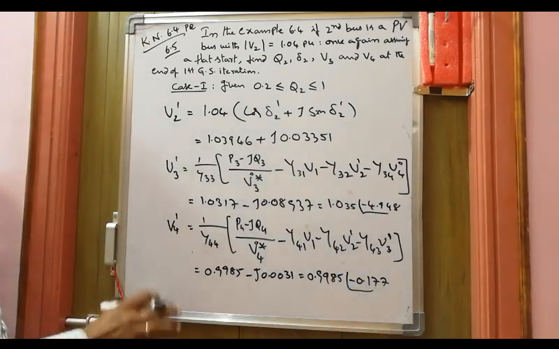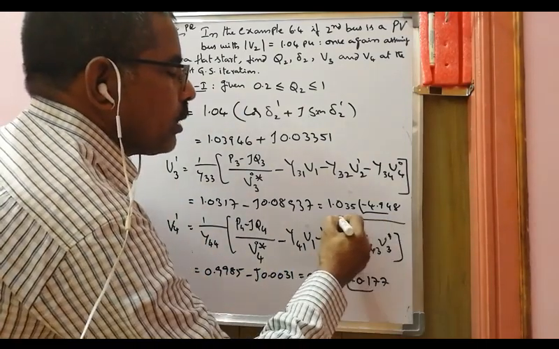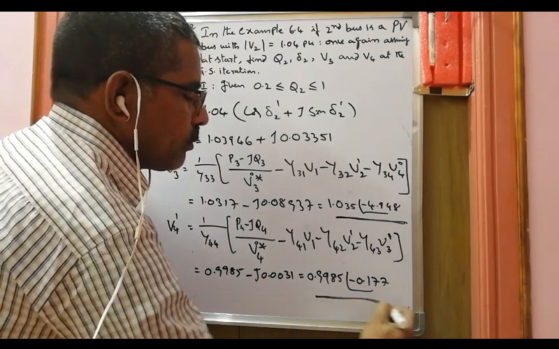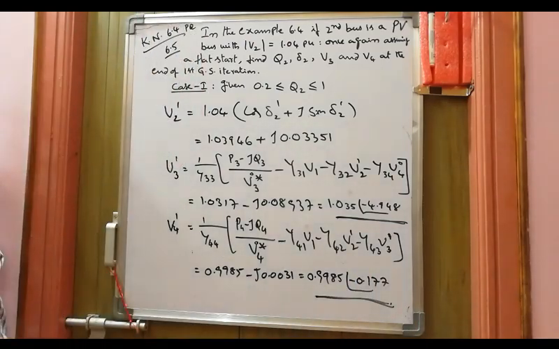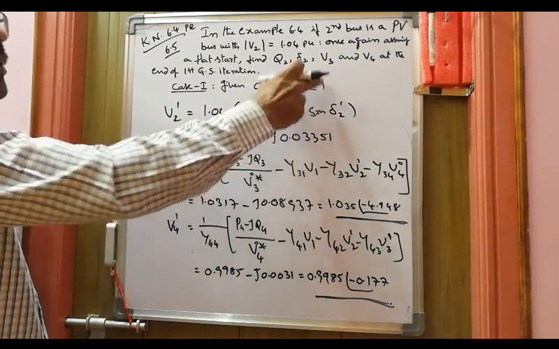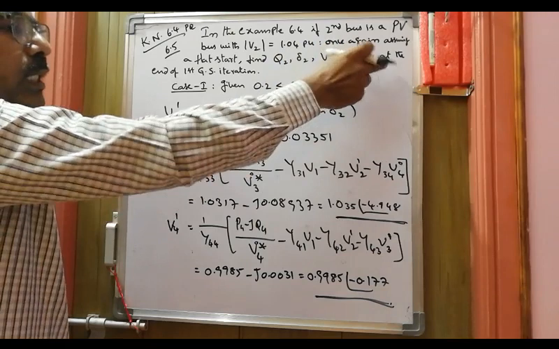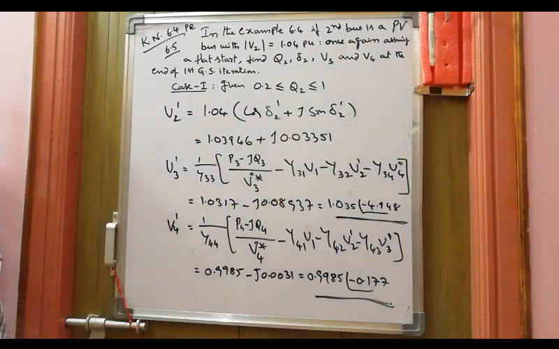So this is the value of V3 V4. Okay, that is case 1. Given this, you are asked to calculate Q2, delta 2, V3, V4. All are finished.